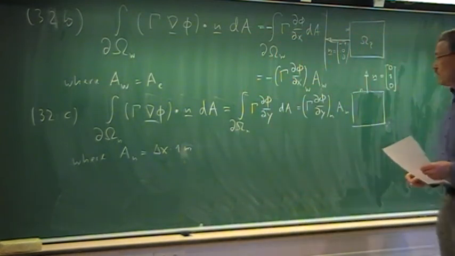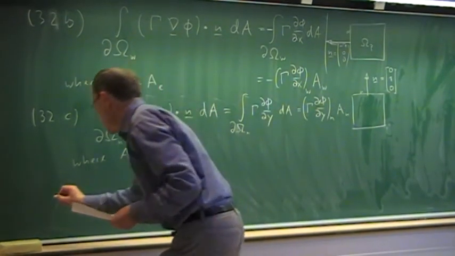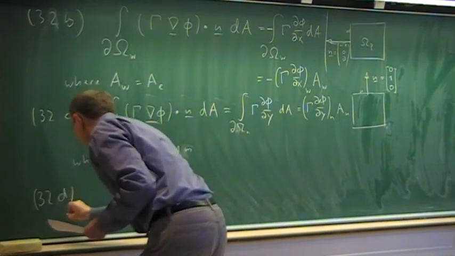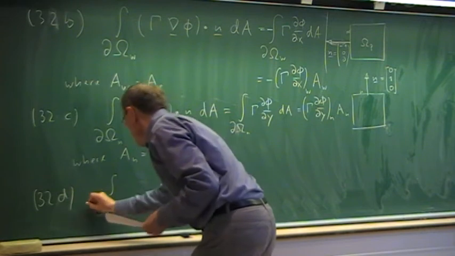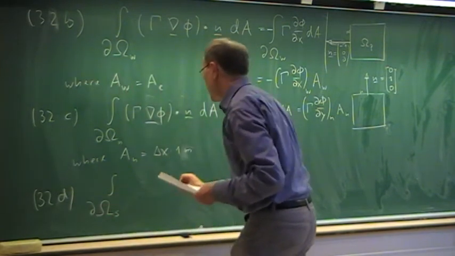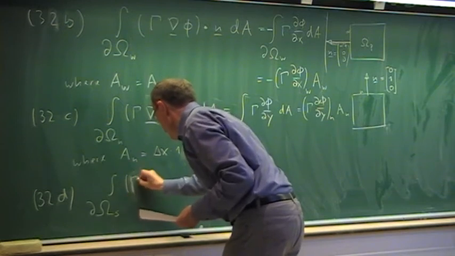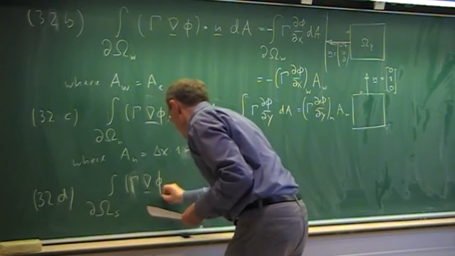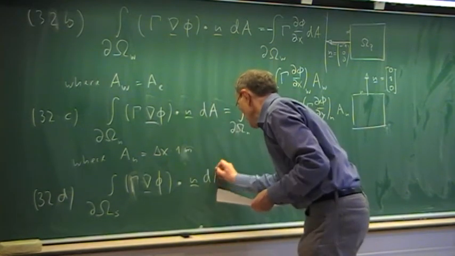Okay, so then we have the representation of the diffusive flux of the northern face, and now we want to do it the same way for the southern face. That is then the integral over the southern face d omega s of diffusion coefficient gamma, gradient of phi, inner product, outer unit normal vector n, surface integral.